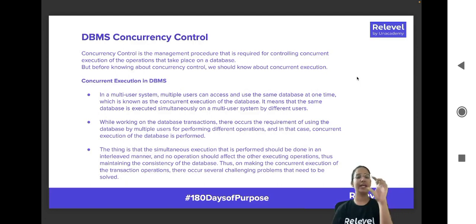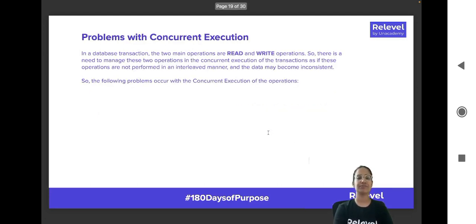Let's say on a data item X, person A is trying to deduct 500 and person B is trying to deduct 400, right? The balance could itself go negative if it is not done in the right way. Thus, on making concurrent execution of the transaction operations, there are several challenges that need to be solved and taken care of before you execute those concurrent transactions.